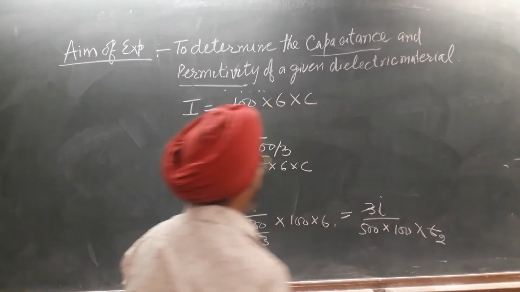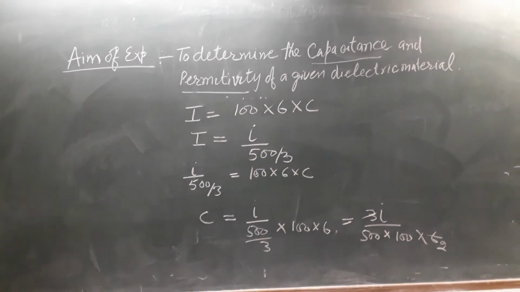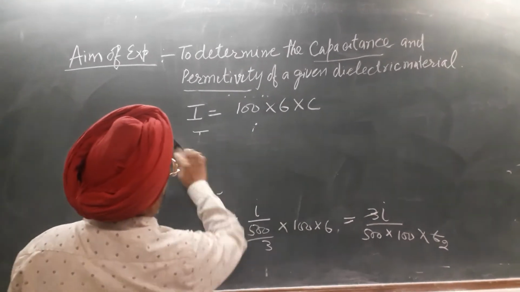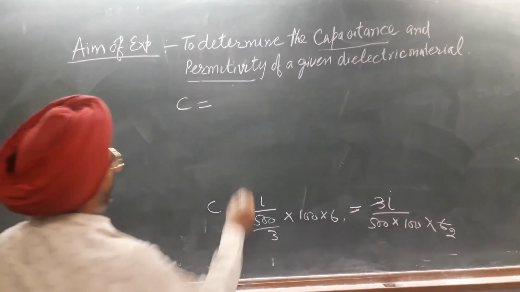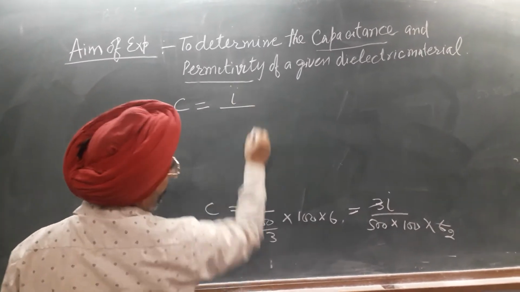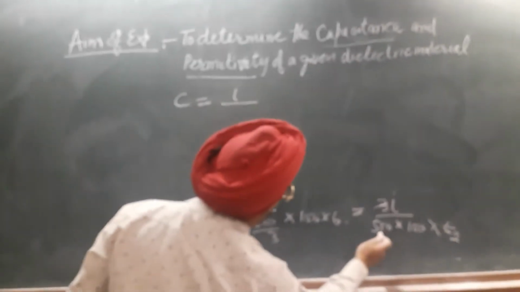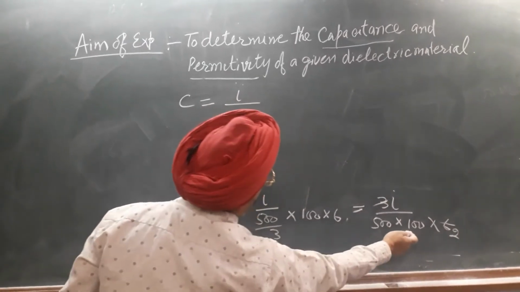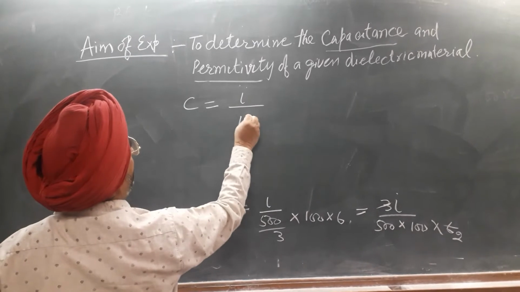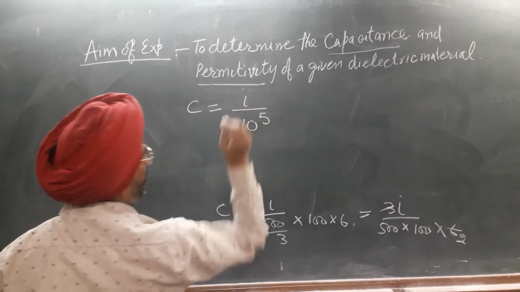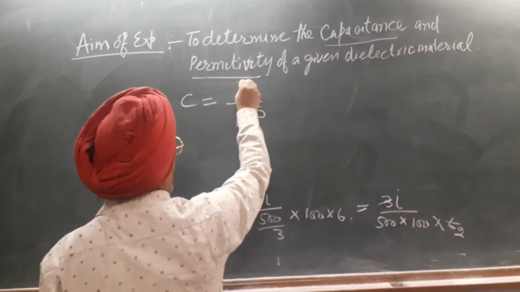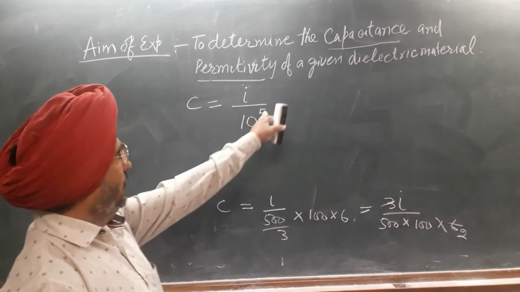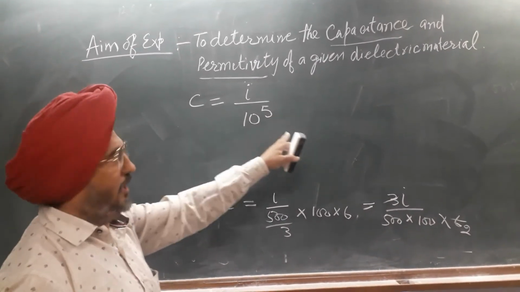3 2s are 6. From where we can say C is equal to I upon 500 into 2000 into 100, means 10 to power 5, and this current is measured by the microammeter.